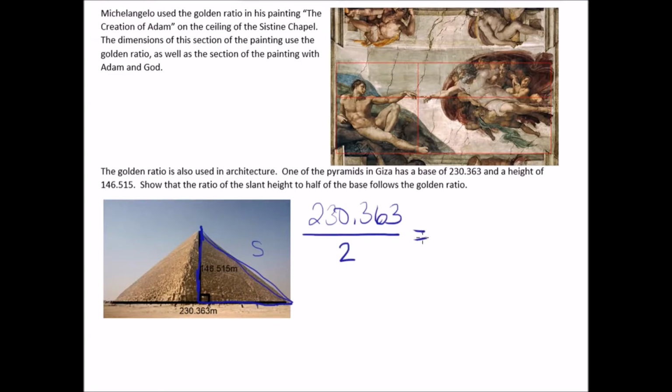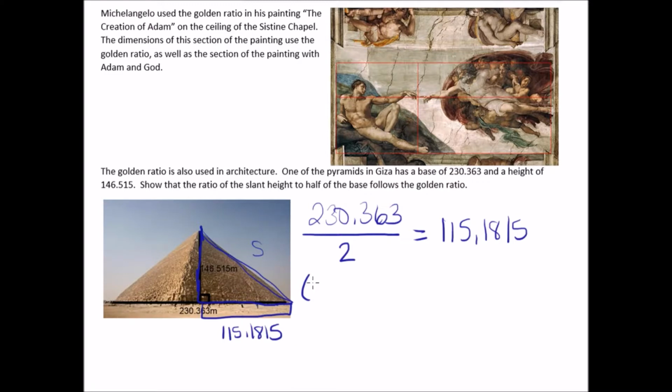Okay, so 230.363 divided by 2 is 115.1815. Okay, and that's going to be right here, this section, 115.1815.